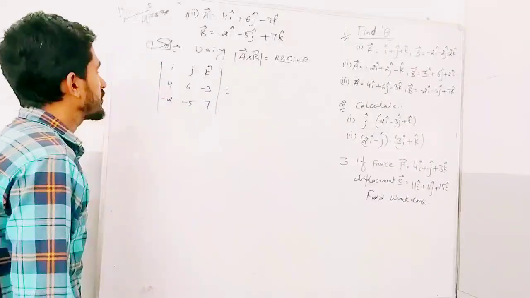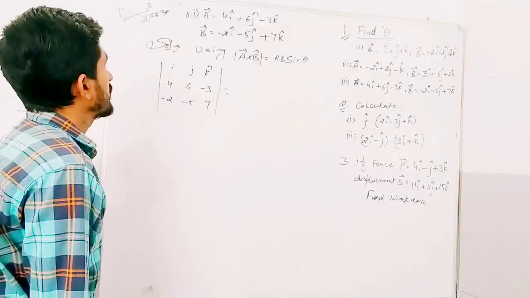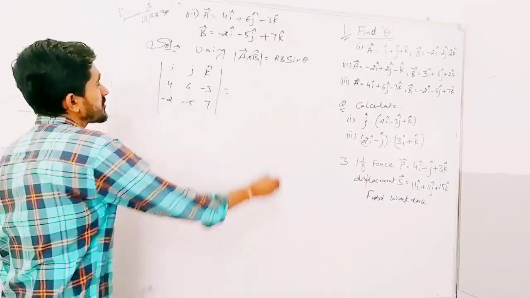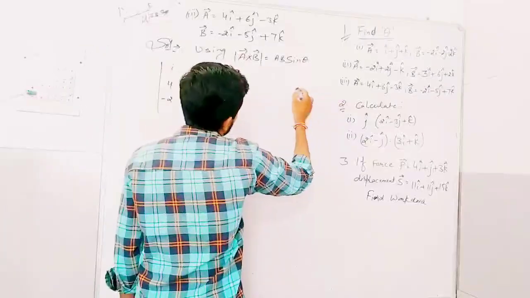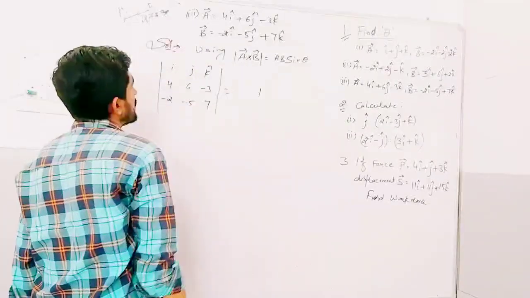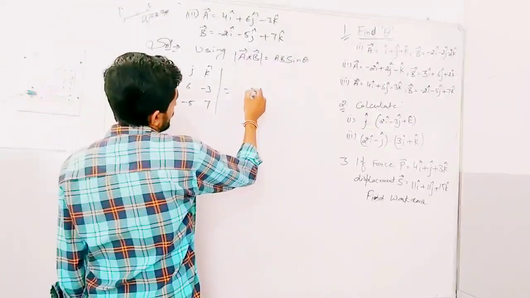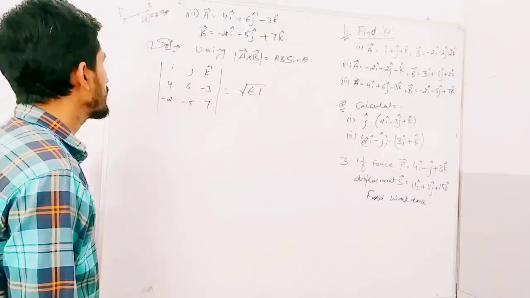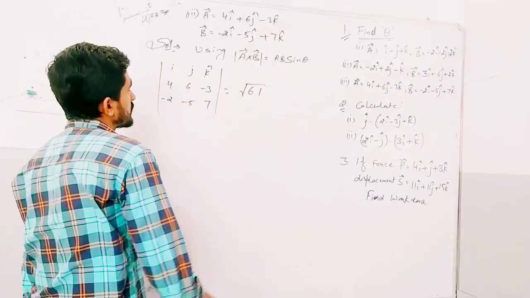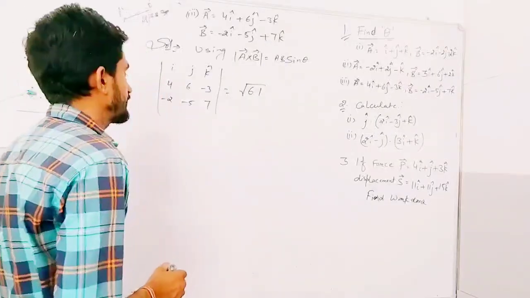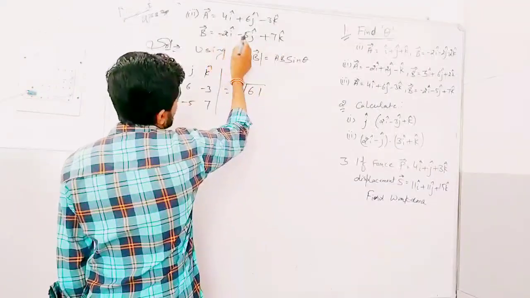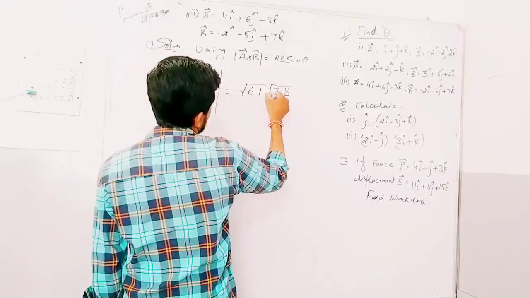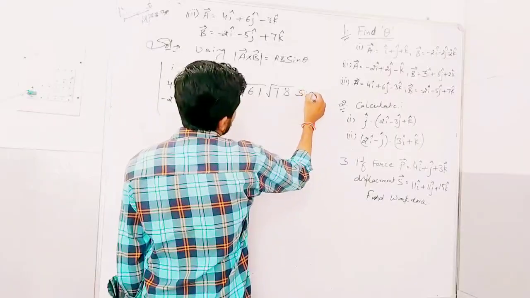Here we have magnitude of A: 16, 36, 9, which is 25 and 36, gives 61, under root 61, into this is 25, 49, 4, 53, 53 and 25 gives 78, and this is sin theta.